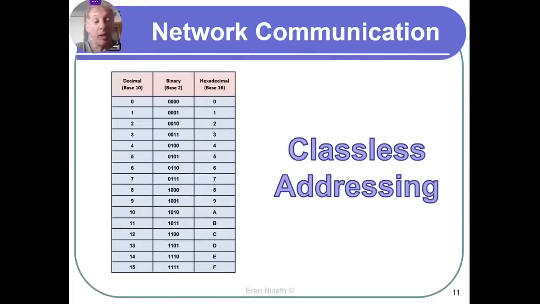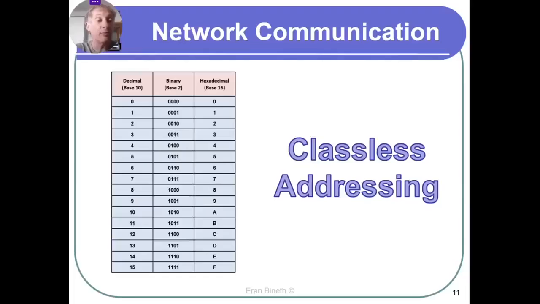And if we needed a company with, let's say, 300 computers, we would have to use up one of the class B addresses rather than the class C addresses, even though we are not that far away from the 256 boundaries.